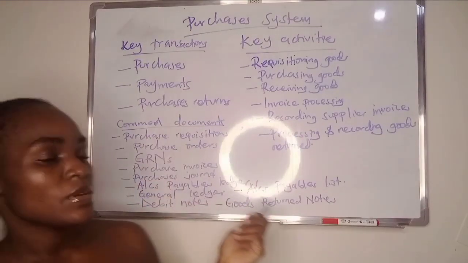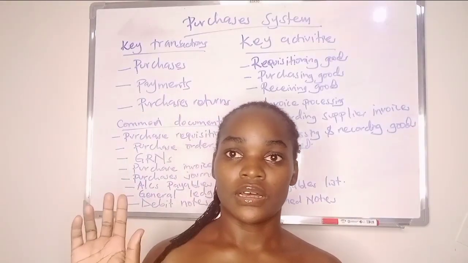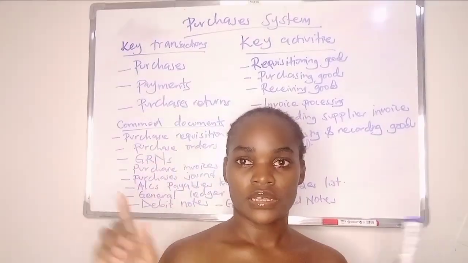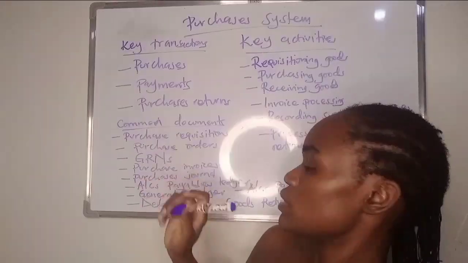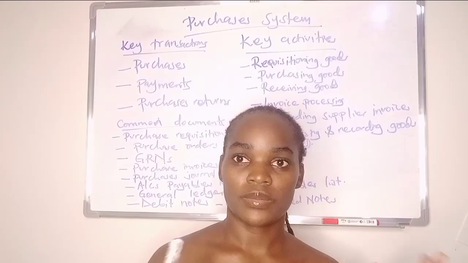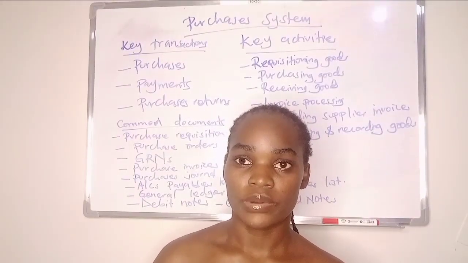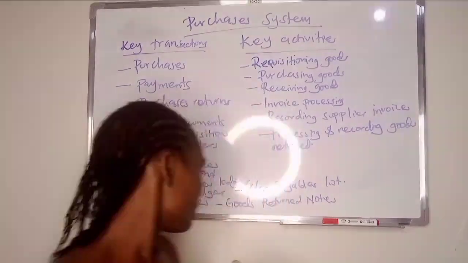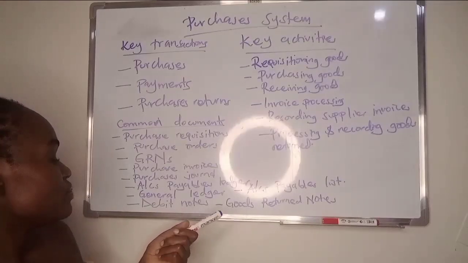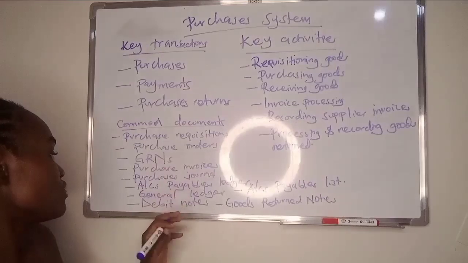Then the accounts payables ledger, it records the creditors, or the people that are demanding the business in case goods were purchased on credit. Then the general ledger, it records everything.